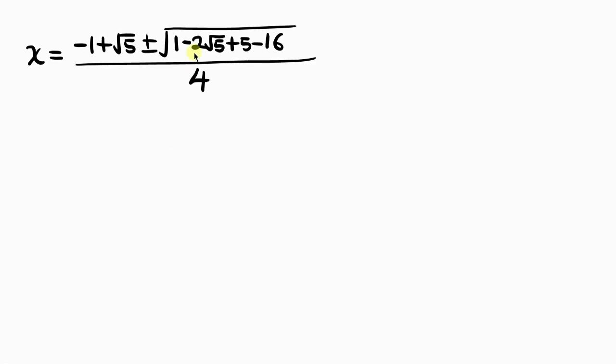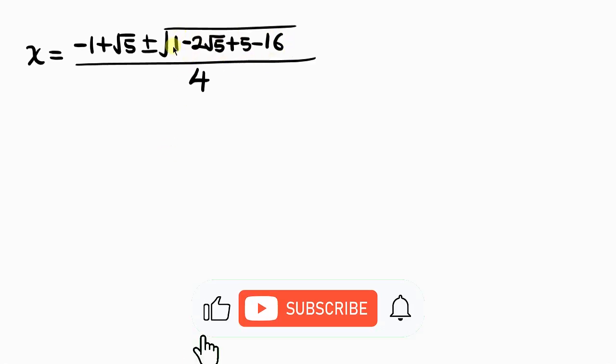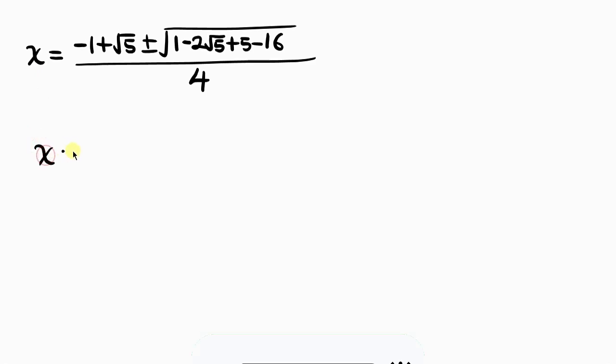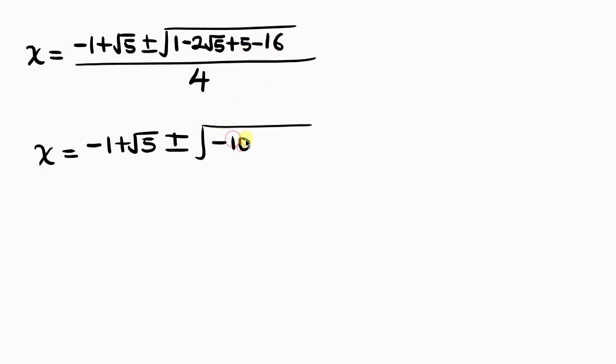So now let's simplify what we have inside of the square root. So we have x equal to negative 1 plus the square root of 5 plus or minus the square root of. Now we have 1 plus 5, that's 6, minus 16 is negative 10.